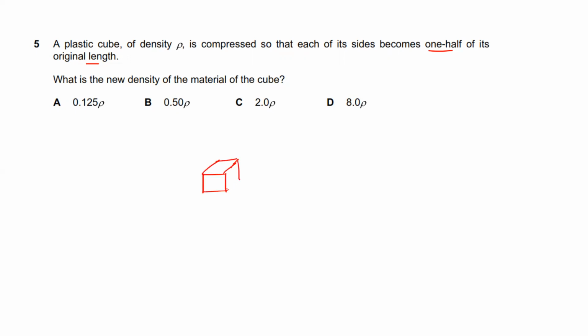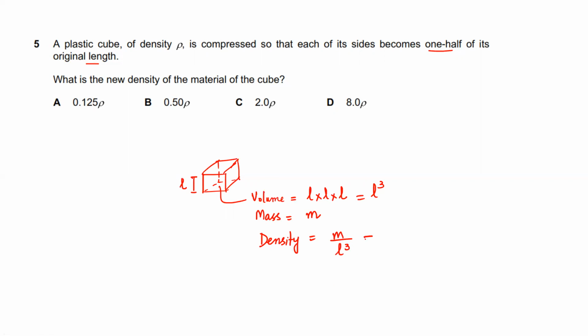So remember, the volume of a cube is length multiplied by length multiplied by length, so that will be length cubed. And mass, you can say that mass is given as m. So density is mass per unit volume. So this is the density, and we can write it as rho.